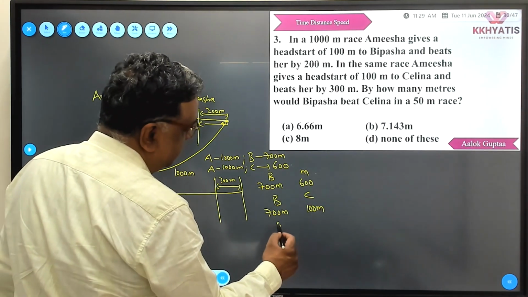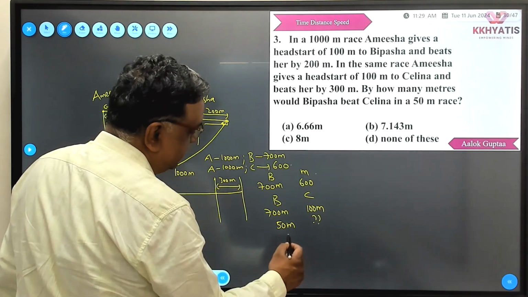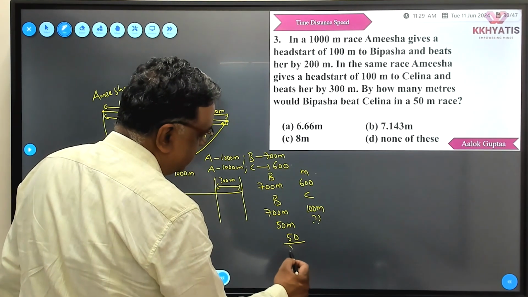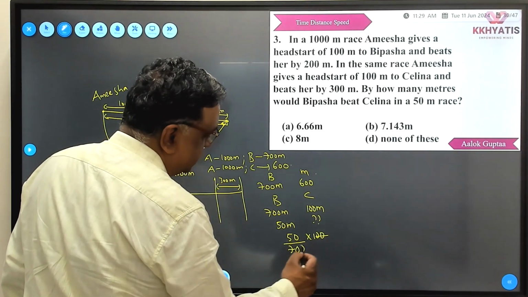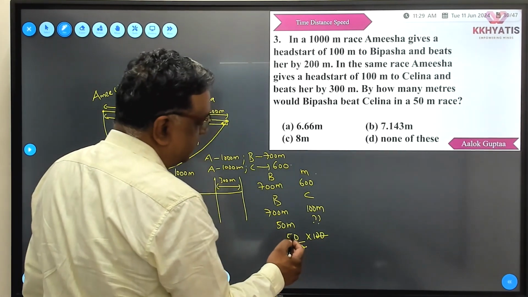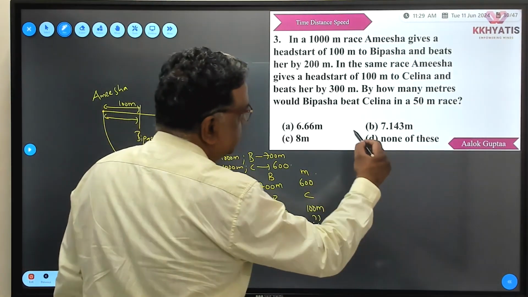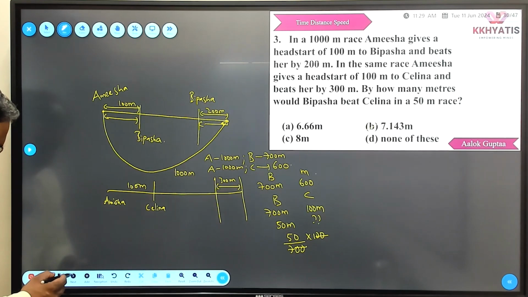We have been asked for every 50 meters that Bipasha runs, she will beat Selena by how many meters? So it will be 50 upon 700 into 100. So this gets cancelled. 50 upon 7, 7 sevens are 49. There is only one option with 7, so the answer should be 7.143 meters. Okay, next.